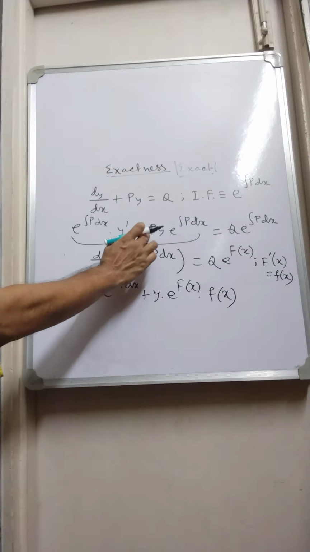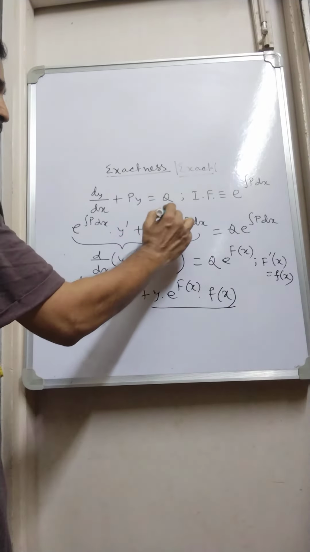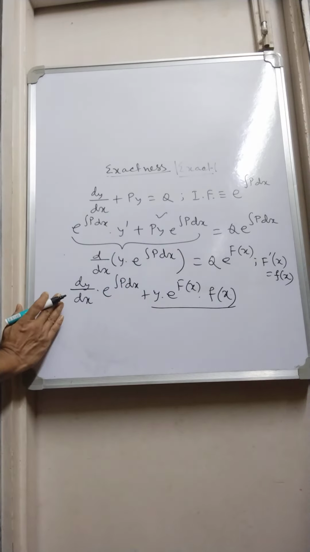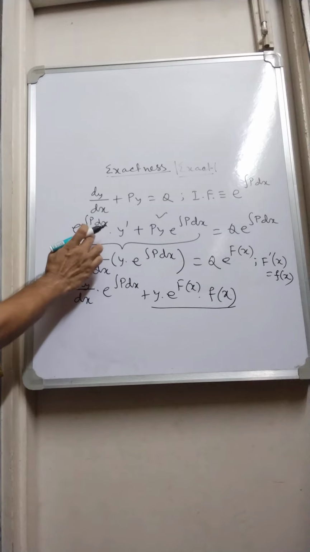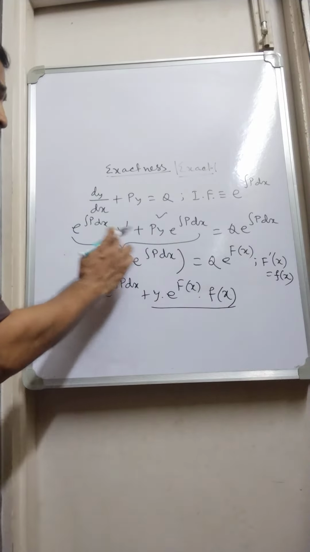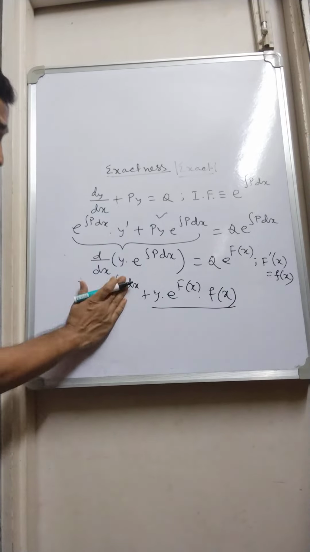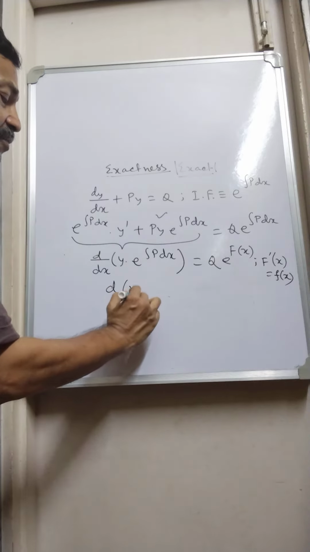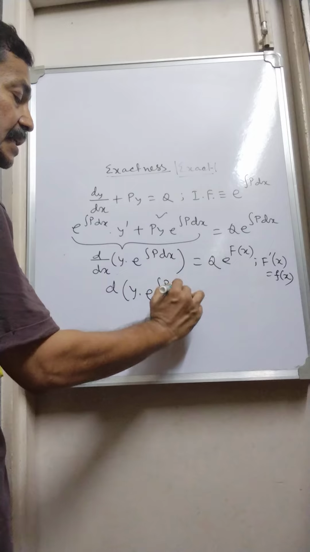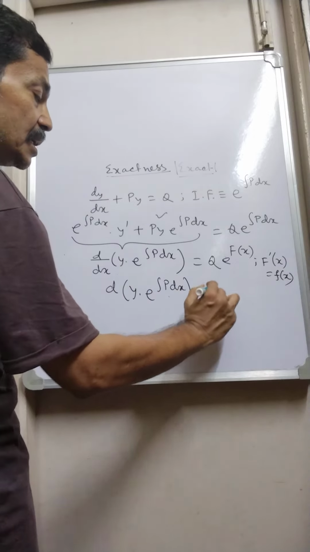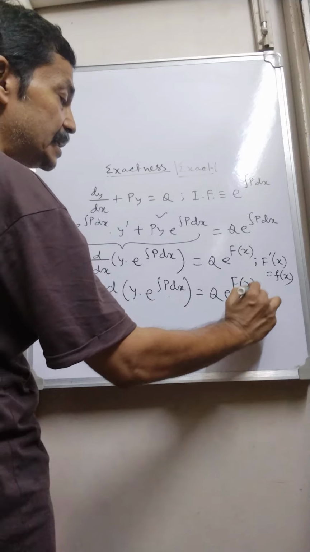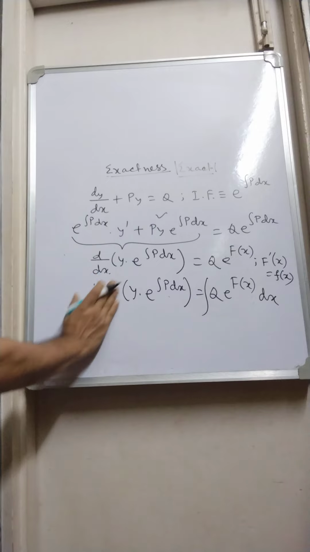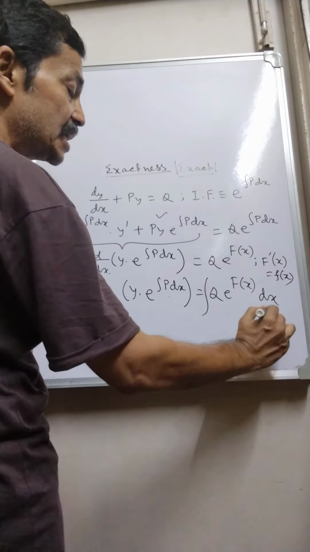We have replaced it by p. So this is equivalent with this, and this plus this is equivalent to this. Isn't it clear? This term identifies with this, and this term identifies with this. So this is actually d/dx of this. And whenever we have d/dx of this equal to this, we can easily write that the total differential of this is actually nothing but q e to the power F(x) dx. And we can integrate both sides to write that this is equal to this plus the integration constant.